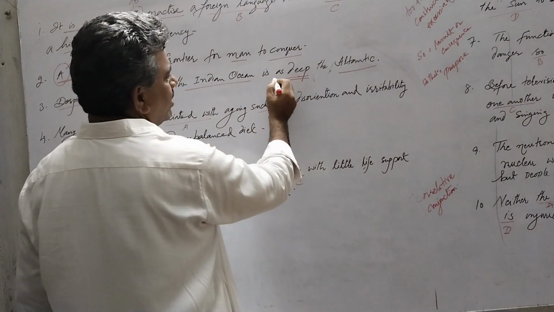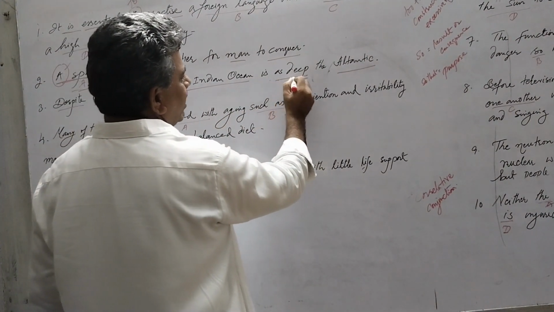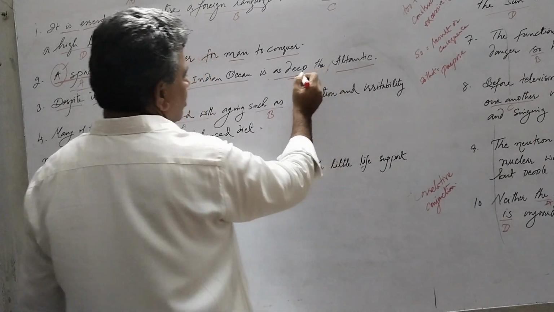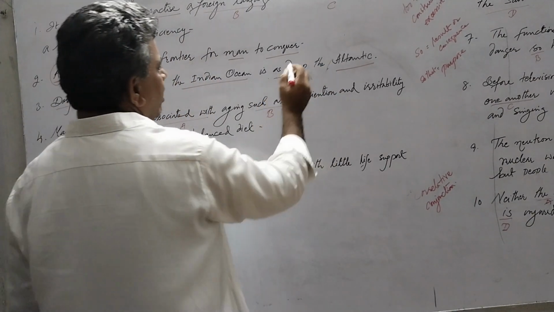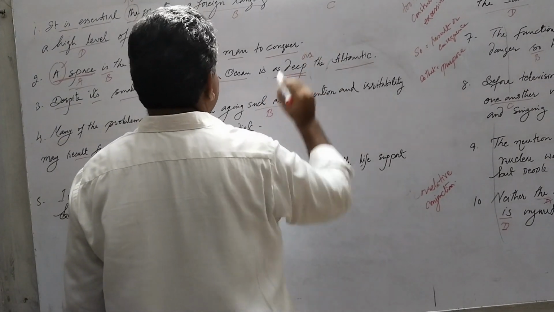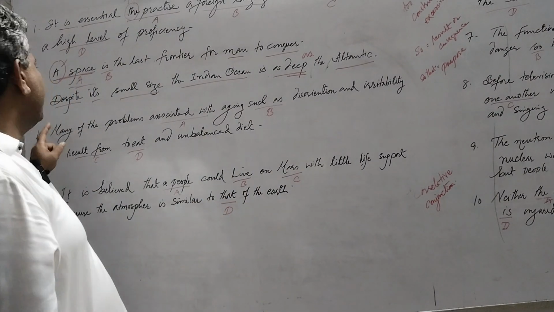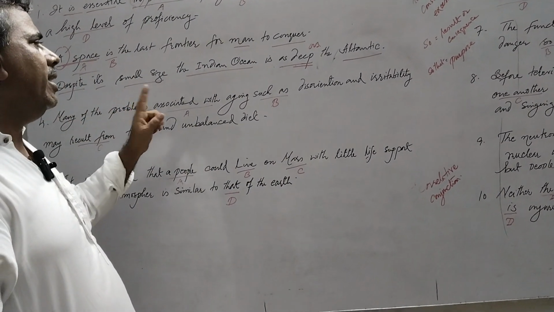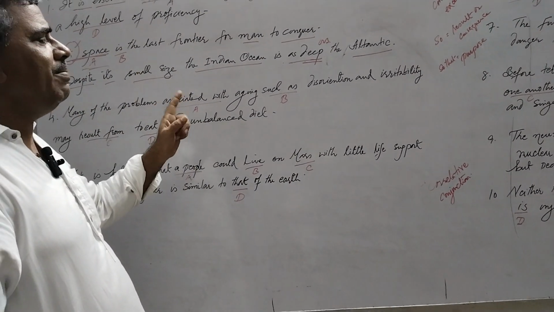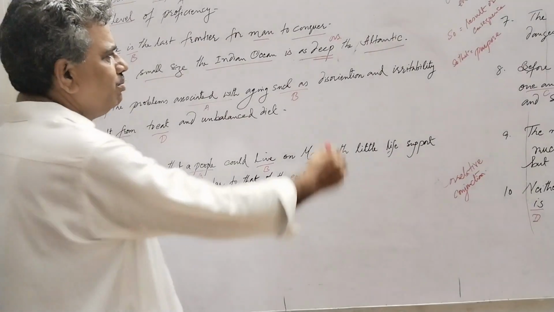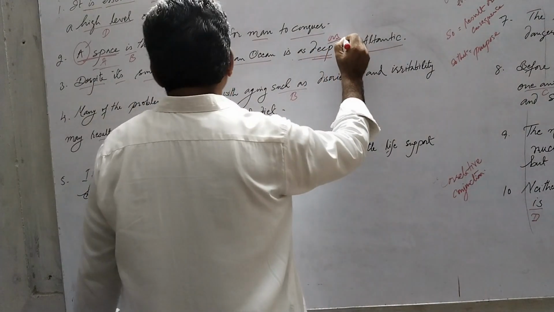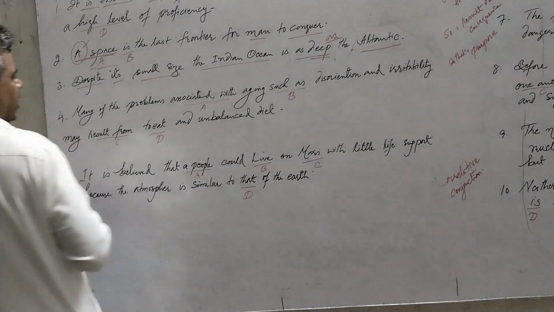First as before the adjective and second as after the adjective. So we have to keep another as here, then the sentence will be correct. Despite its small size, the Indian Ocean is as deep as the Atlantic. We have to put as here, which we do not see in the sentence.